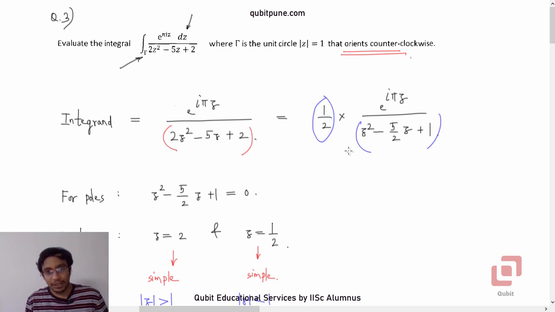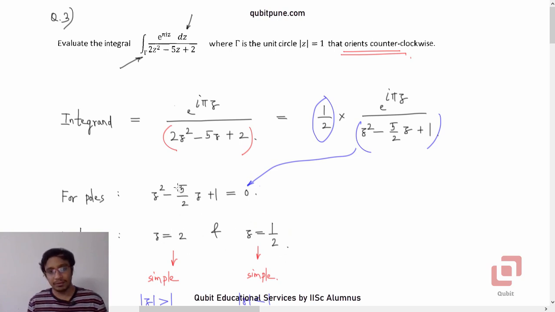For poles, you have to solve this quadratic equation, apply the quadratic formula, or you can even use your calculator to get the roots. The roots will be 2 and 1 upon 2. Let us just verify them. The product has to be c by a, which is 1, and the product here is 2 into 1 upon 2, so 1.